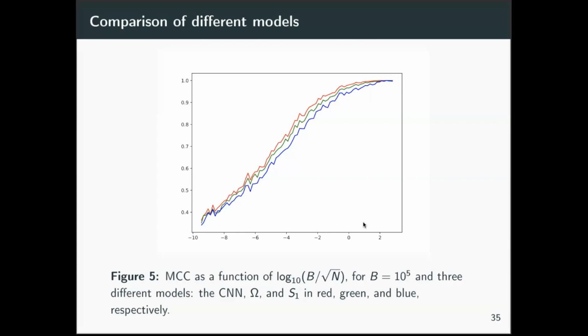So what you can see from this graph is that for the same accuracy, for the same quality, 0.7, you would need around 6.5 more APs for S1 than you would need for the CNN.